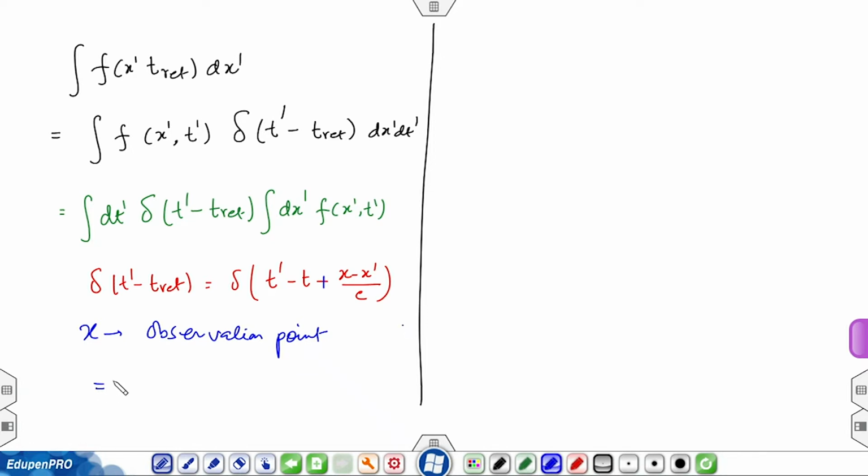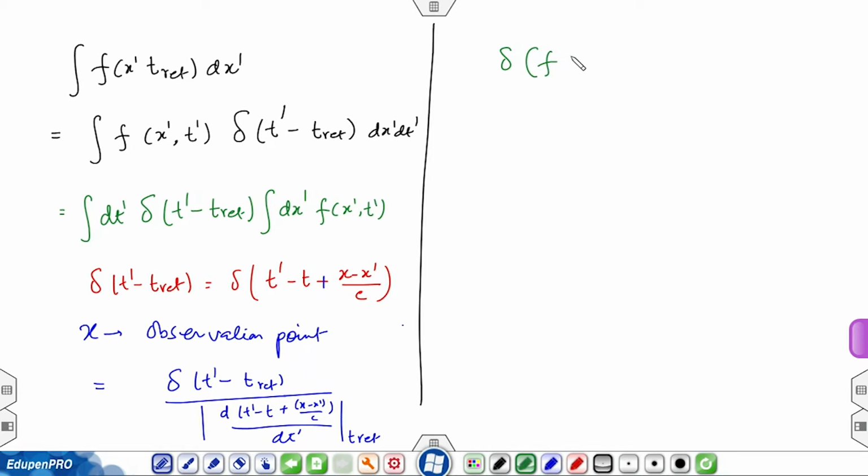And this is going to be equal to delta of t' minus whatever this retarded time comes out to be, divided by the modulus of d/dt' of (t' minus t plus x'/c), at this t retarded. So, what I have made use of is that delta of f(x) is equal to the summation over i of delta(x minus x_i) divided by |df/dx| at x_i.